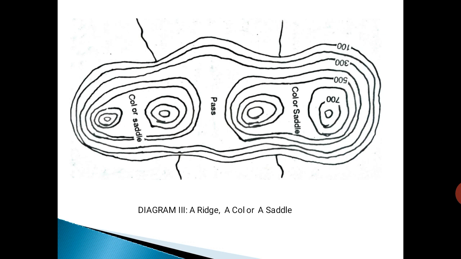The way the contours are arranged shows that from the foot of the highland, the first contour is 100 meters of height. Then the next one, no height is written, but the third contour line, we can see 300 meters of height written on it.